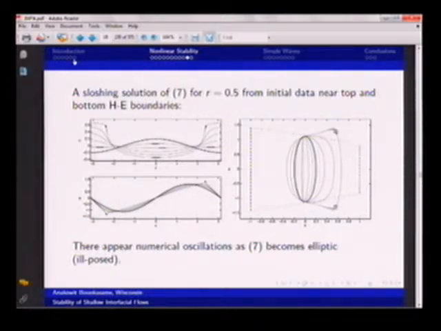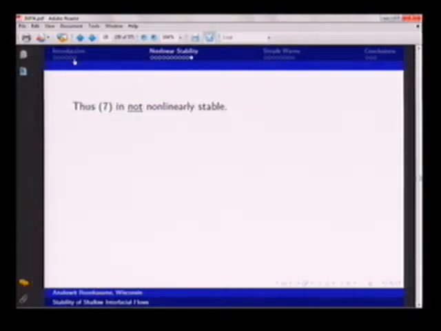You can see this from the numerical oscillations there. So we know that the system 7, the full system, is not nonlinearly stable, because you have initial data inside the hyperbolic region, but the solutions leave the hyperbolic region.